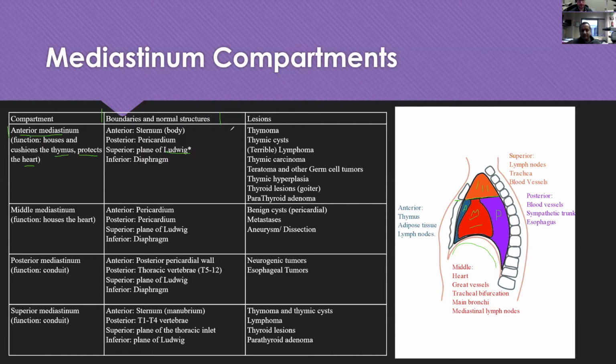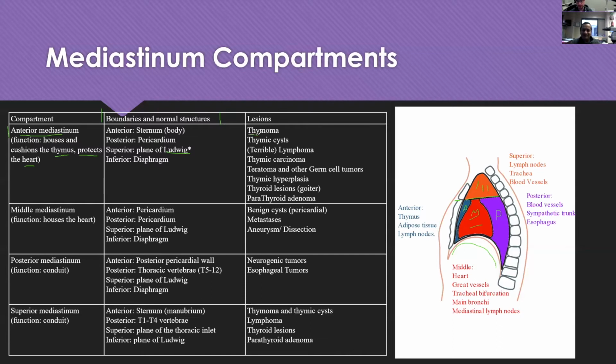Perfect. So I guess we can go through the differential now for these different components. The anterior mediastinum is probably the most common place that we'll see lesions or specimens from. I was always taught to think of the T's, and I think that's a nice way of remembering it.